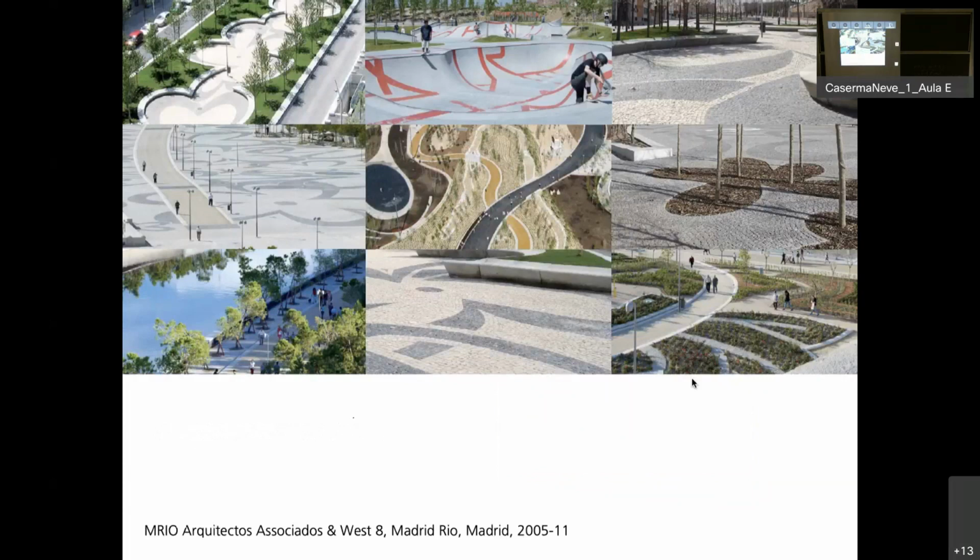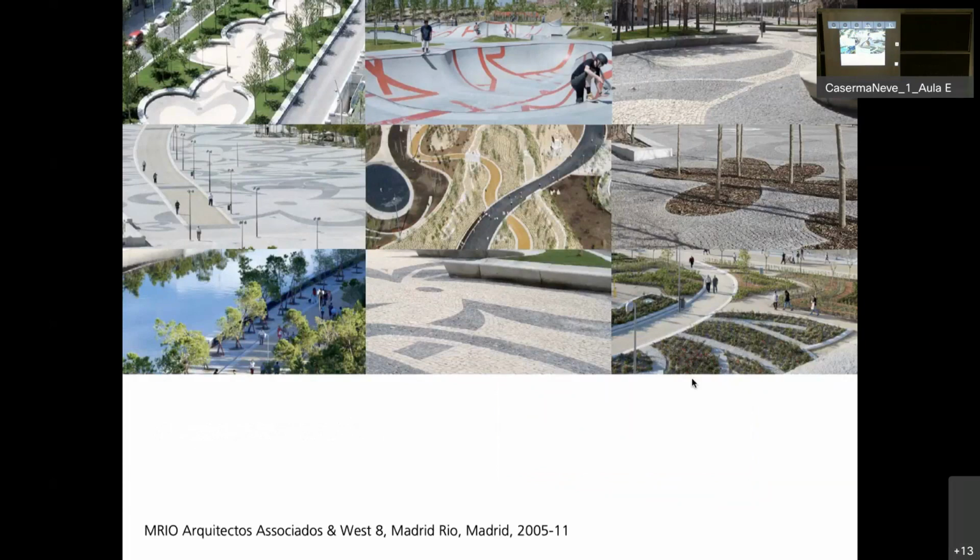Anyway, more recent examples of this attitude of historicizing the ground can be found maybe in Madrid Río. I don't know if you ever saw this intervention that was developed at the beginning of the 2000s. I showed it to you maybe very fast in the landscape urbanism lecture.